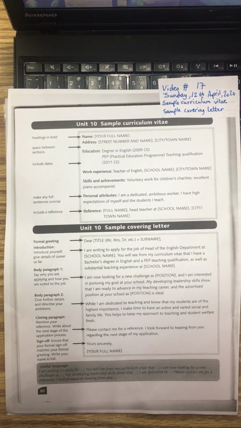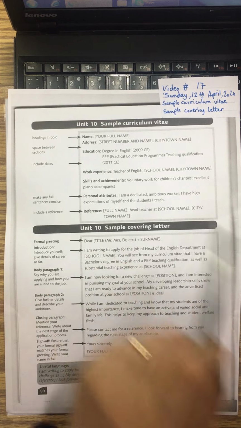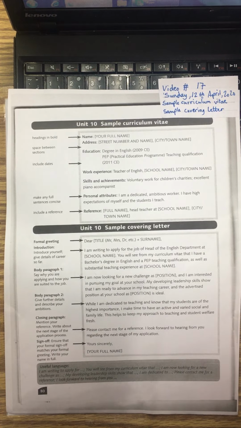Then you have to write about your education: what degrees, what courses you have taken, what degrees you have studied, and so on. Education, degree in English, 2009. As you can see here, we should also include dates, the years. So she or he has a degree in English in 2009.